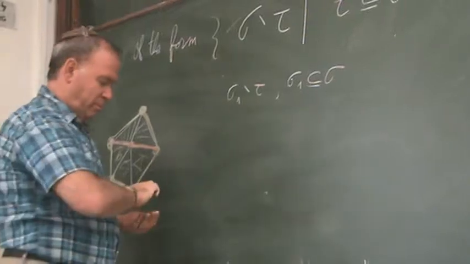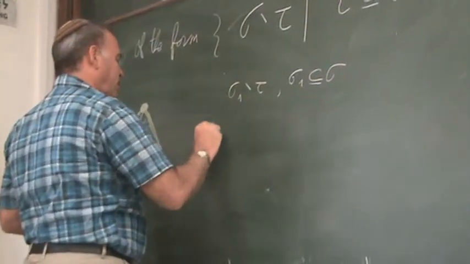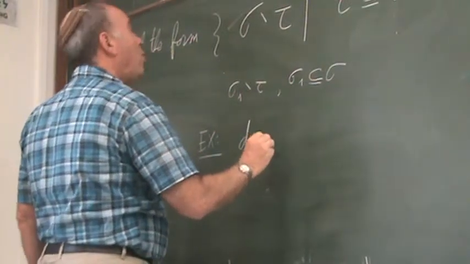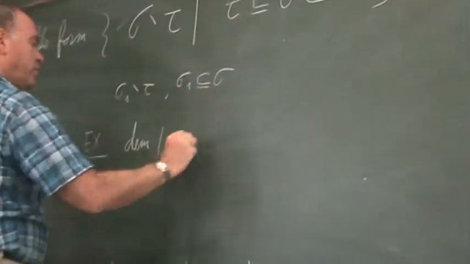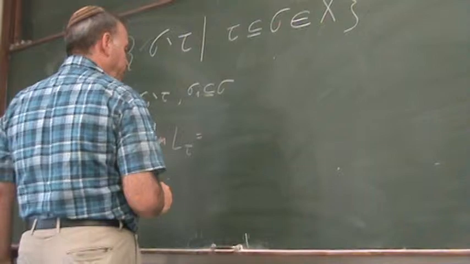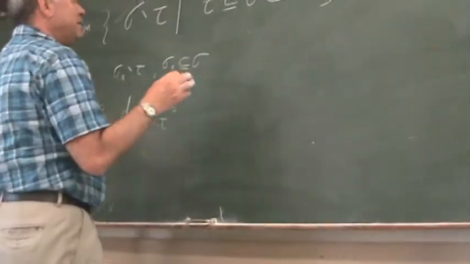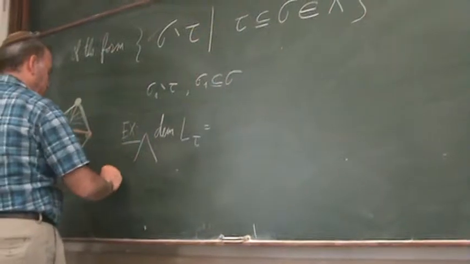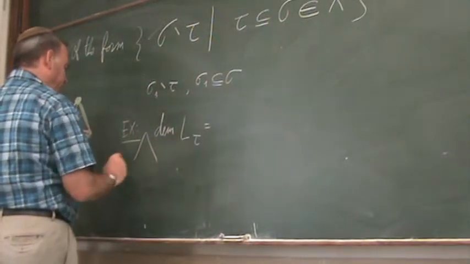Now, here is a little exercise. The dimension of the link of tau, well, you have to be a bit careful if it's not pure.